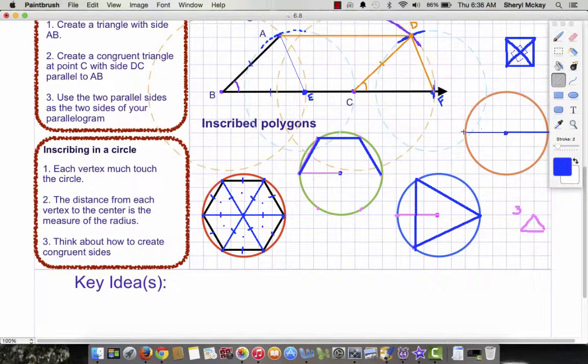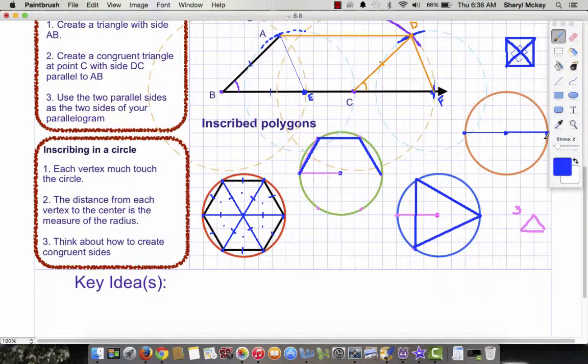So we know this is a radius here, and we know this is a radius here. Now we have a line segment. Let's give it some points. So we'll put our point here and our point here, all right? And now let's see if we can remember how we created a perpendicular bisector.